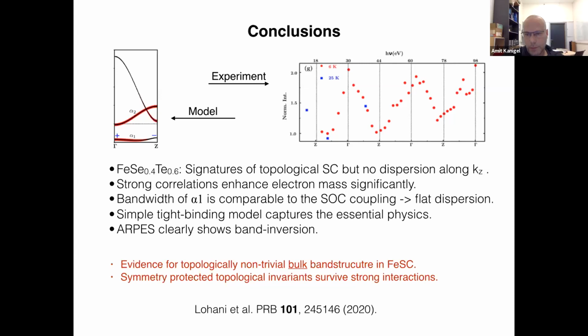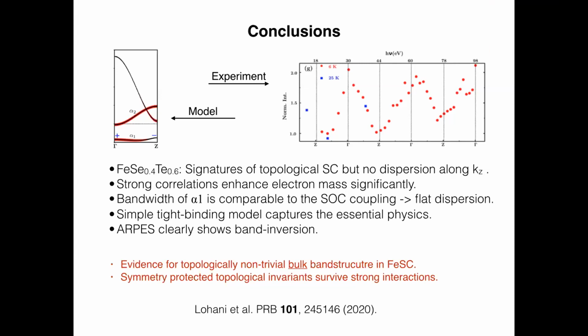Could this kind of oscillation in different photon energies be quite general in KZ dependence in other tetragonal crystals, even if it's not an iron-based superconductor? It has almost the same planar geometry, and if you measure along the gamma X direction, would you also expect the similar kind of oscillation, simply because of the geometry?